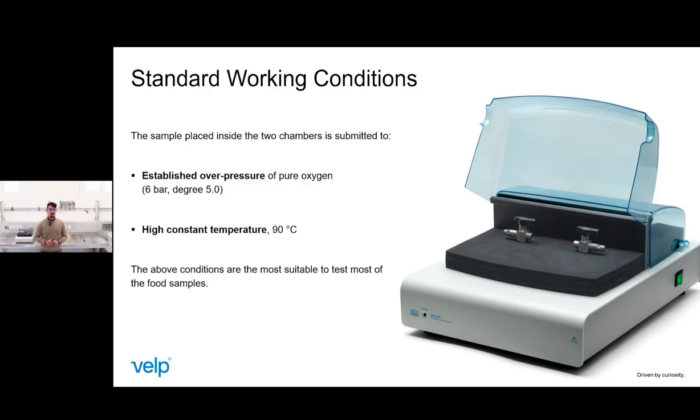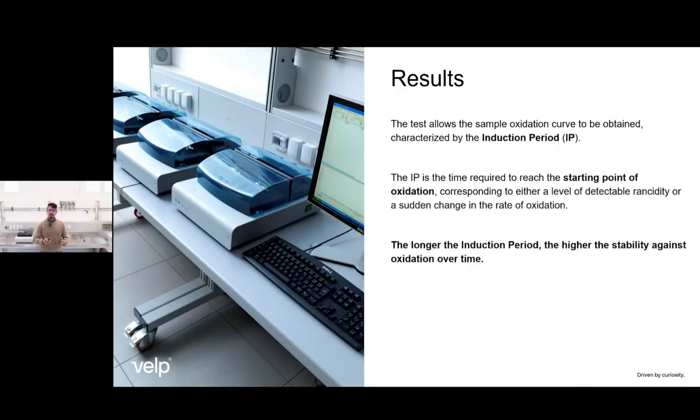These are the standard working conditions, optimized to accelerate oxidation in most types of samples and applications. At the end of the test, the Oxitest provides an oxidation curve showing the relationship between pressure and time.